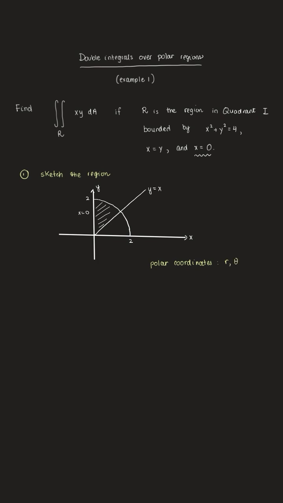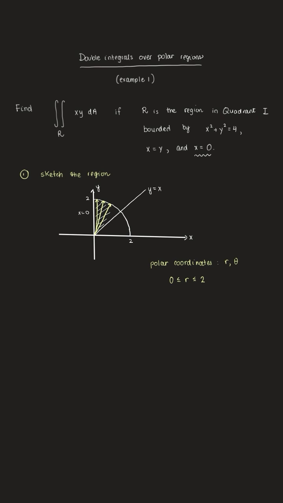If I start at the origin, I'm going to go out from the origin all the way to 2, and I will go from the origin to 2 every single time as I cover the region with those polar rectangles. So when we hold theta fixed, we will let r vary from 0 all the way to 2 in a radial direction.